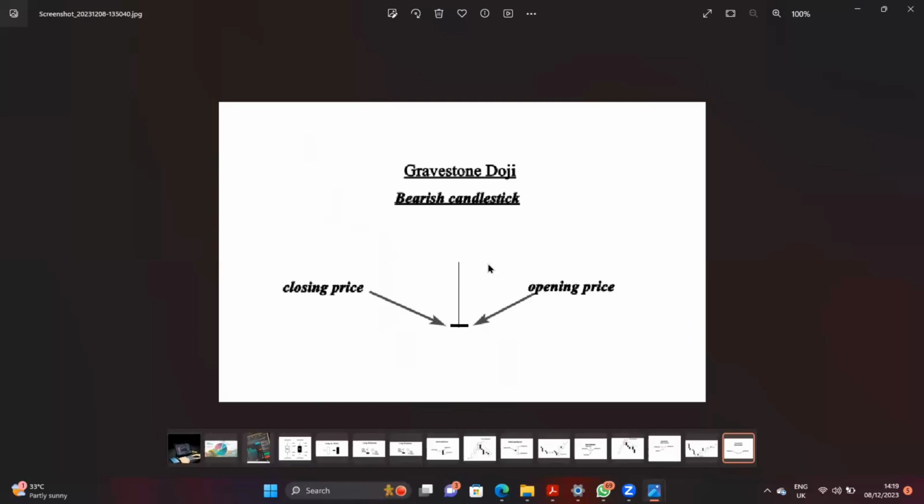That is the only difference. Now, the formation of the long upper tail is an indication that the market is testing a powerful supply or resistance area. It is a very powerful signal.